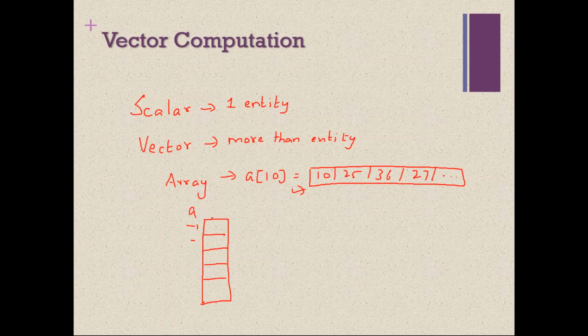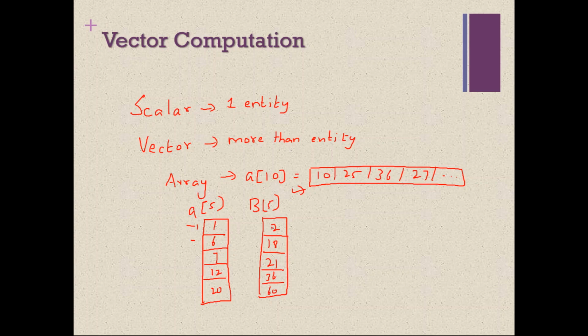Vector computation means, for example, there is a vector a with 5 elements: 1, 6, 7, 12 and 20. There is another vector b with some other 5 elements, say 2, 18, 21, 36 and 60.